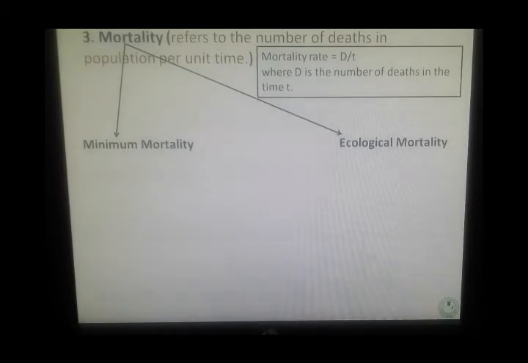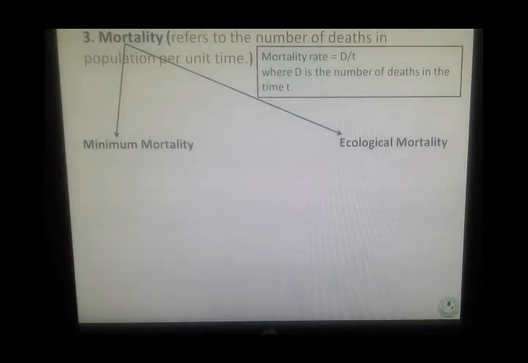If you are rearing the insects in laboratory condition, providing all the factors in an ideal condition, fixing the temperature at 26 degrees centigrade, fixing the relative humidity, and maintaining the light there.